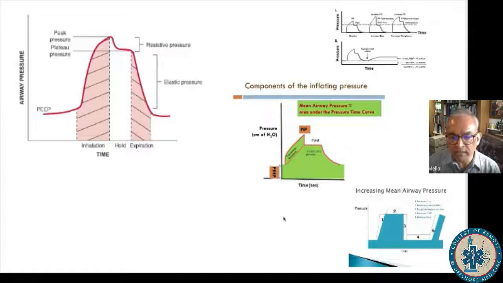And as you can see, to increase mean airway pressure, you can either increase the flow, increase the peak pressure, lengthen the respiratory time, increase the PEEP, or increase the rate. And this is something that you need to consider when you're having problems, for example, with a patient in bronchospasm.